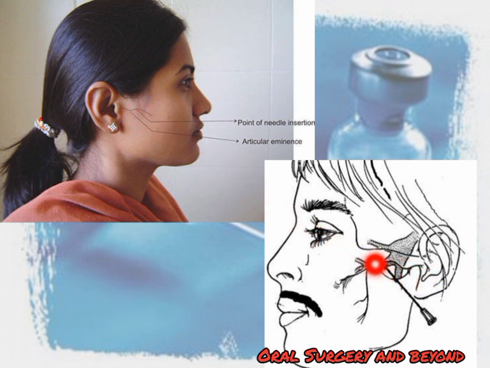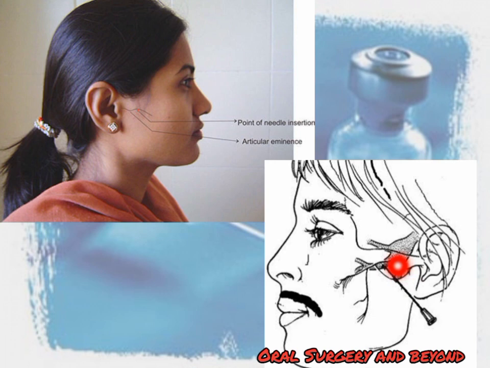So between the anterior part of the articular eminence and the coronoid process of the mandible, there is a small space, so we have to insert the needle. At this insertion point, if we go backward and downward and deposit the solution here, then we achieve the inferior nerve block.